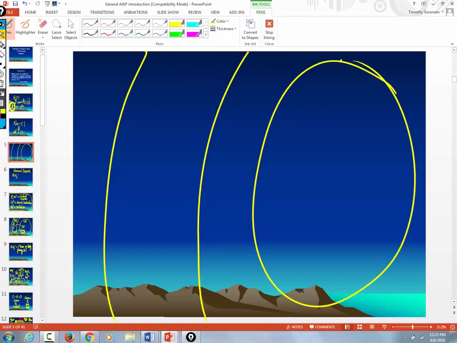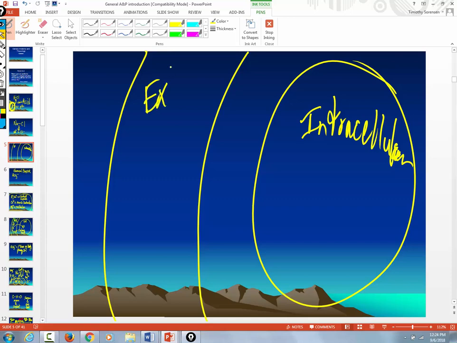In this class right now, there are 2 compartments in the body. There's stuff inside the cell and stuff outside the cell. So it's intracellular, and extracellular.